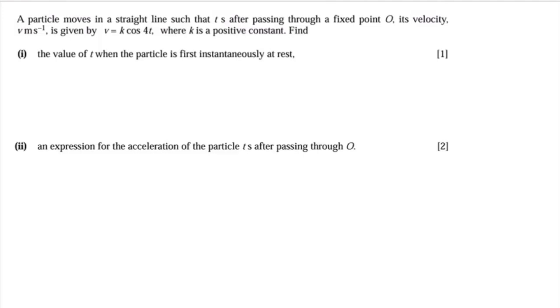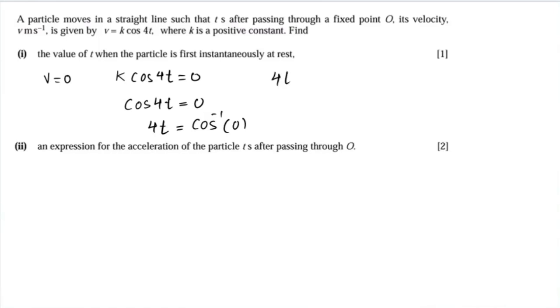At instantaneous rest, this means that velocity is 0. So when you put your velocity expression k cos 4t equals 0, you divide both sides by k since it's a positive constant, and you will be left with cos 4t equals 0. So 4t is cosine inverse of 0, so 4t will be pi by 2.